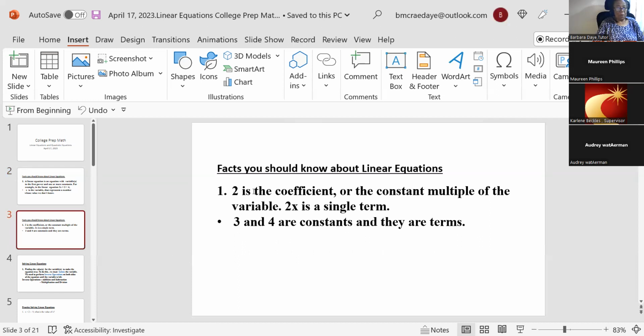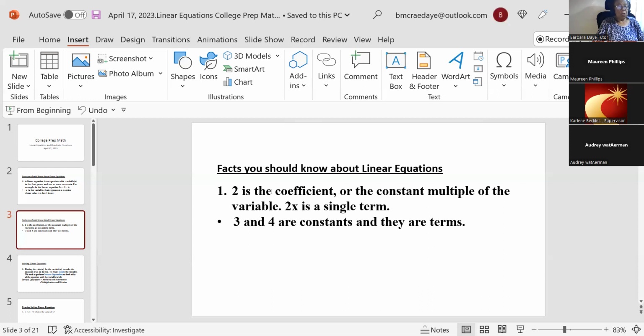Now, the number in front of the variable we call what? Coefficient, right? It's a multiple of the variable. So if you have 1x, and 1 is the default, that means you have just one of that variable. If you have 2x, then you have 2 of that variable, because the 2x really means 2 times the variable x. And then you have the constants, and the constants are terms.